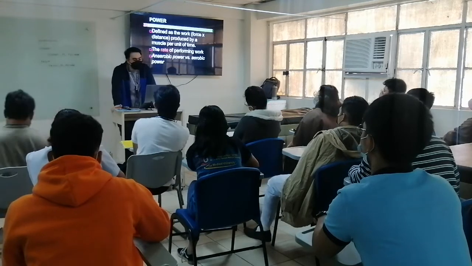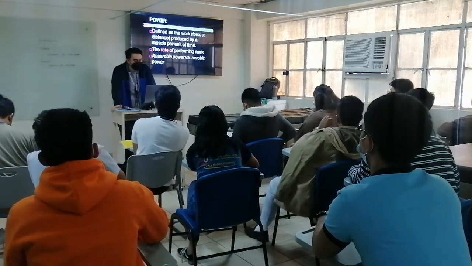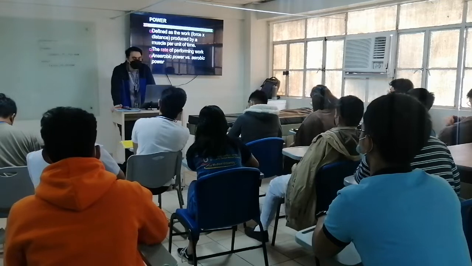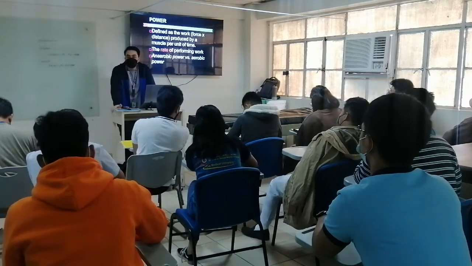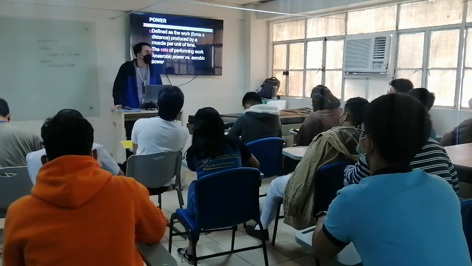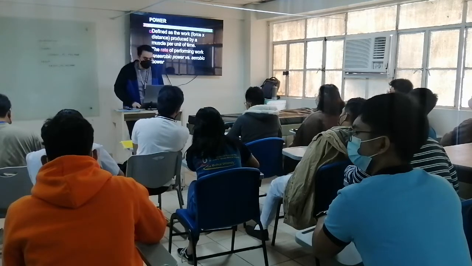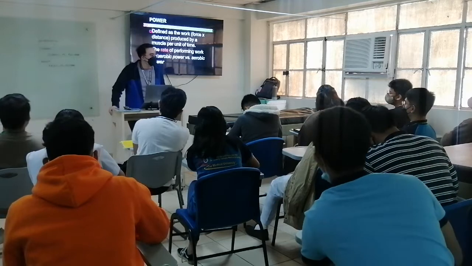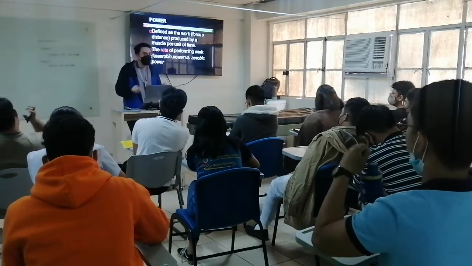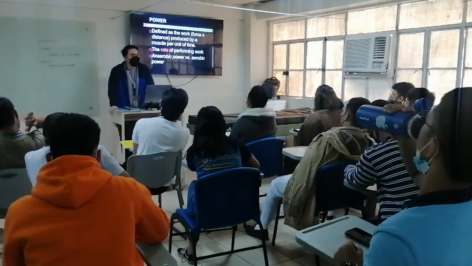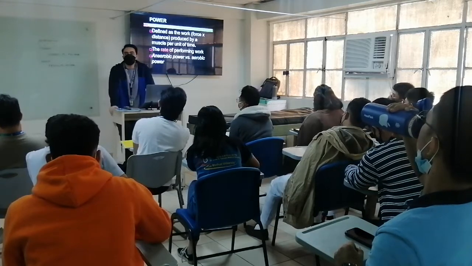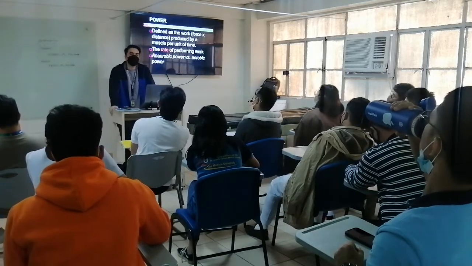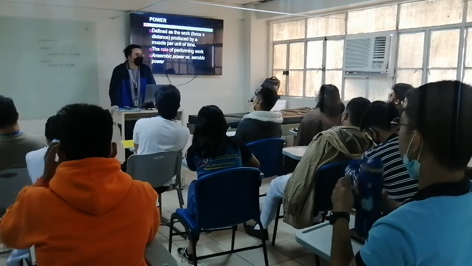Okay? So there are two types of power. We have anaerobic power and aerobic power. Kasi ito yung mga energy systems sa katawan natin. Simply put, if the activity takes more than 2 minutes, you are already using your aerobic power. For example, if I were to ask you, what type of energy system does jogging use?